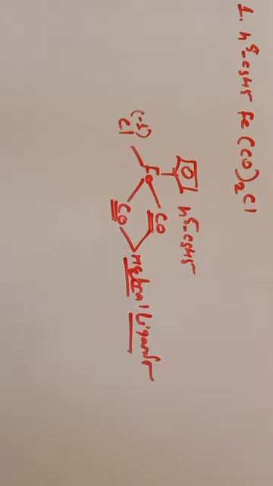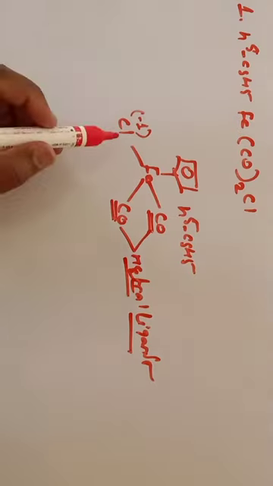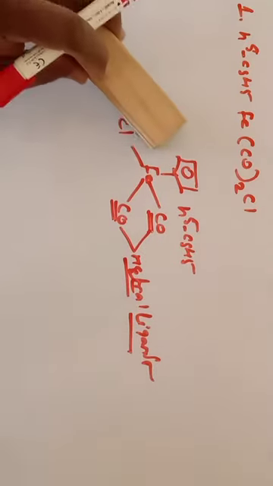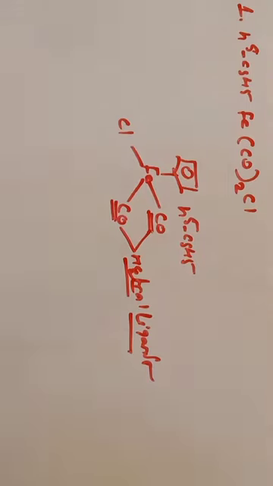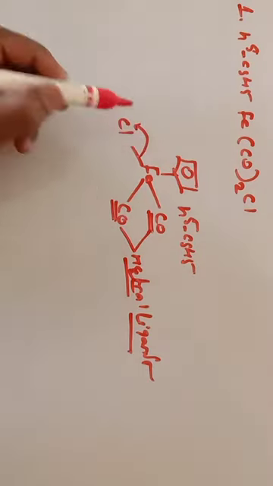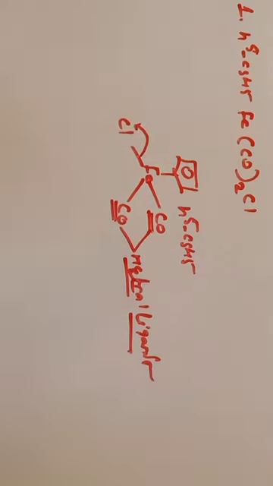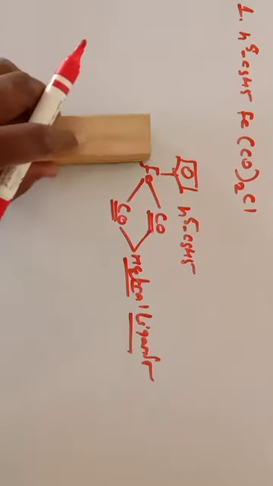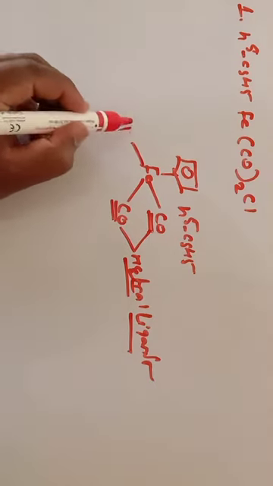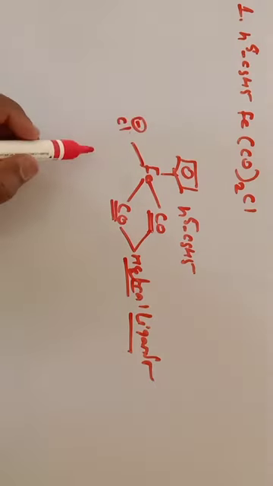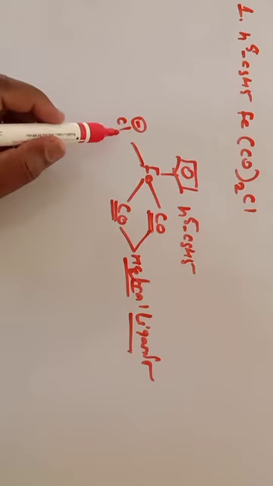Whenever we use the ionic method, there is a heterolytic cleavage, and this bond will shift like this. Both electrons go to the chlorine atom and remain present on it, so it should have a -1 charge. So this Cl has a -1 charge, and its contribution is 2 electrons.